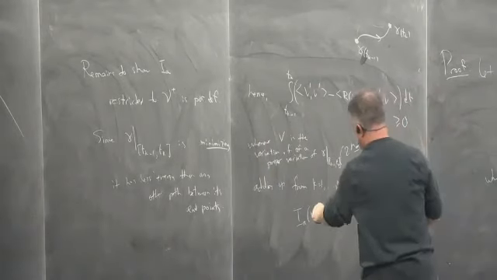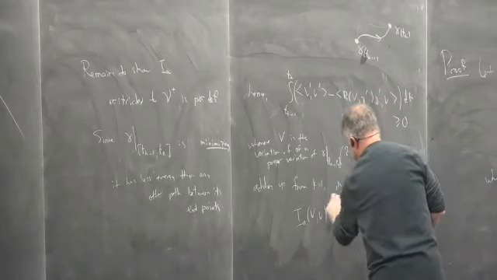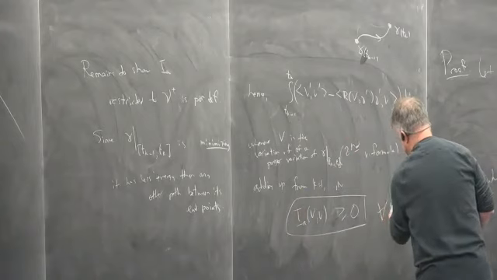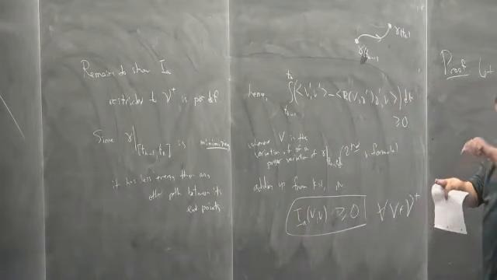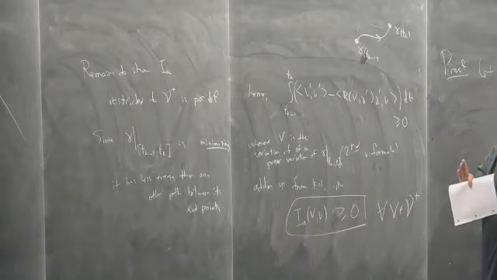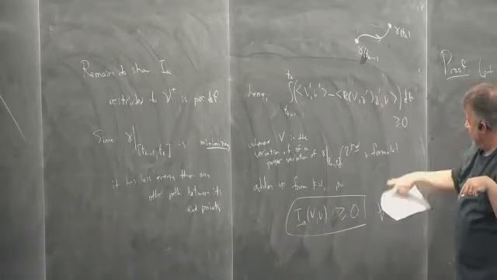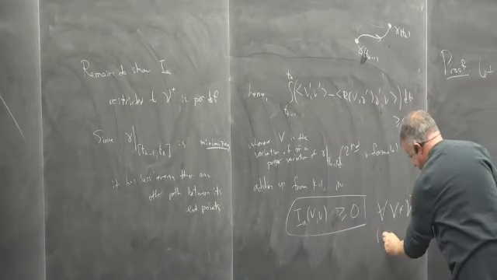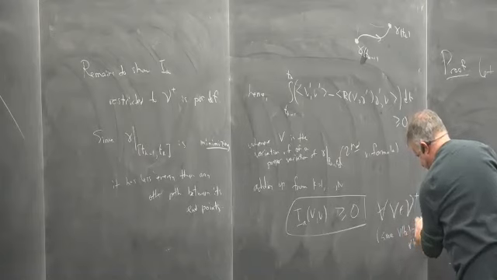So now adding them all up, I get that this is greater than or equal to 0 for all V in V plus. Because remember, what was V plus? V plus was just the piecewise smooth vector fields that vanished at each of the t_k, right? So if it vanishes at each of the t_k and I restrict it from t_{k-1} to t_k, then it's the variation vector field of a proper variation. So this part will be non-negative, and I'm adding them all up, since V of t_k is 0 for all k.